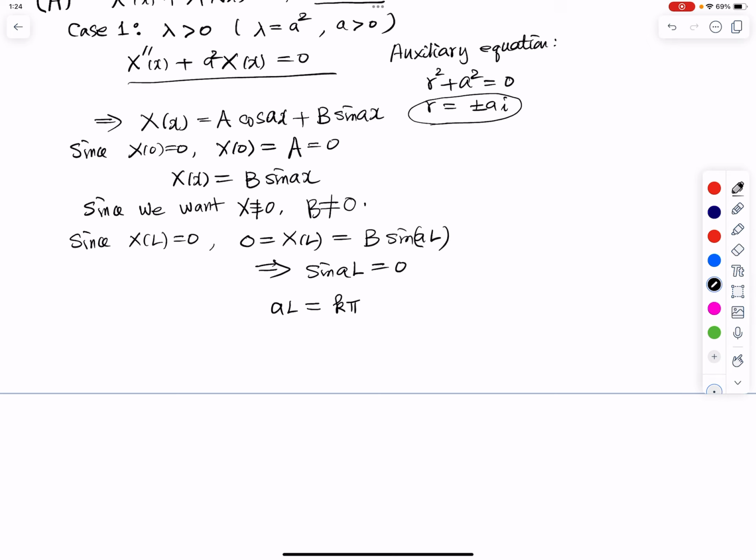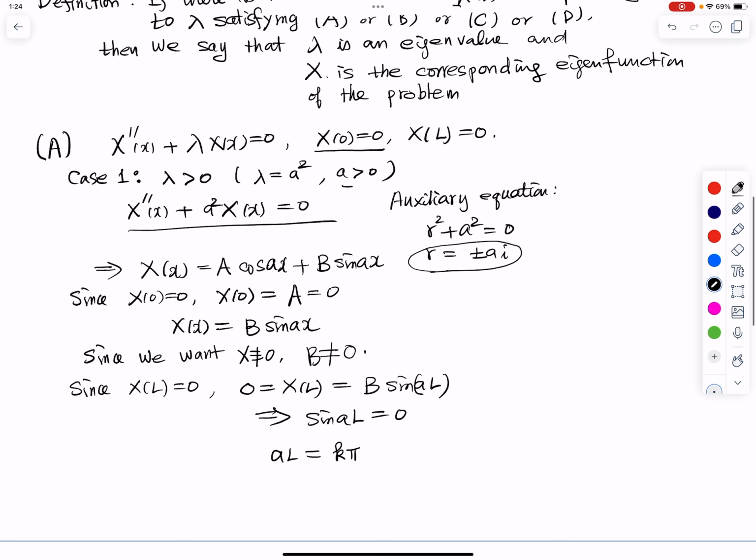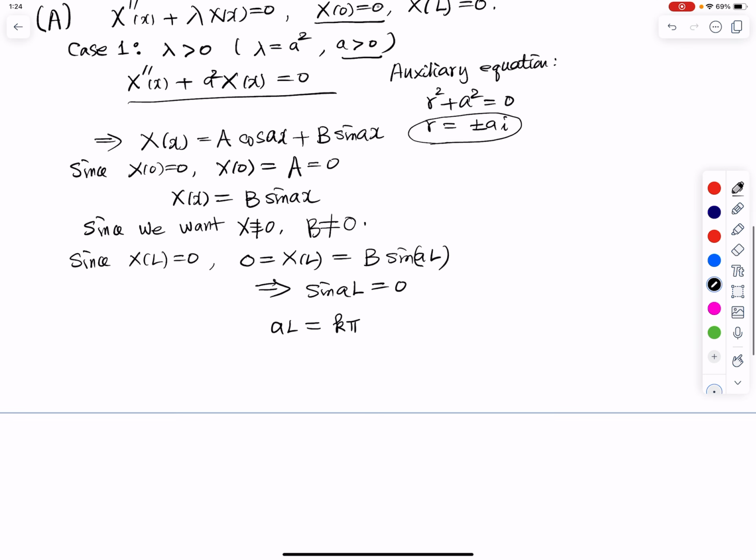We want a to be positive, so k is a natural number. Lambda is positive, so we don't want 0. So k should be a natural number, non-zero, because a is positive.